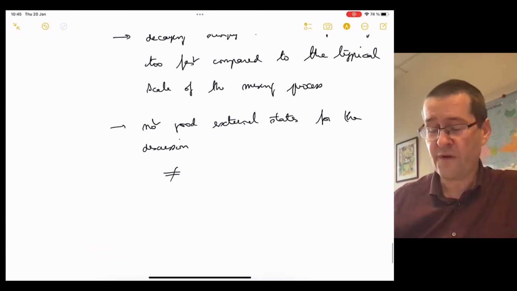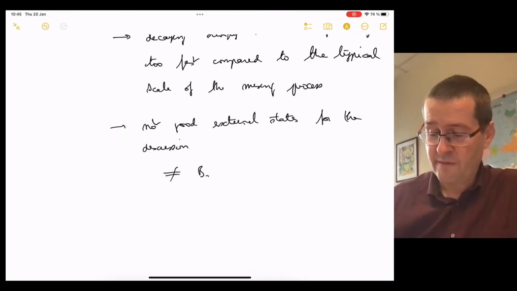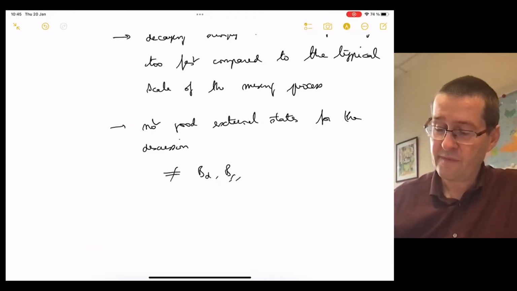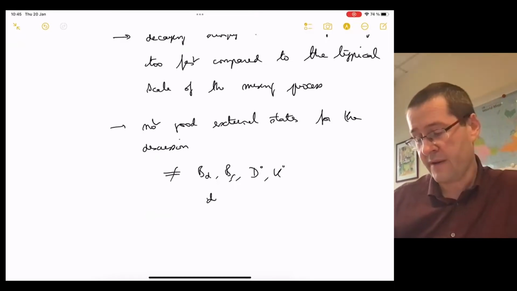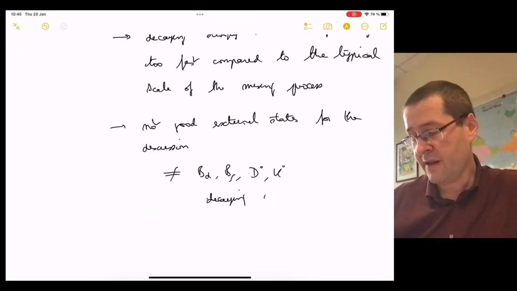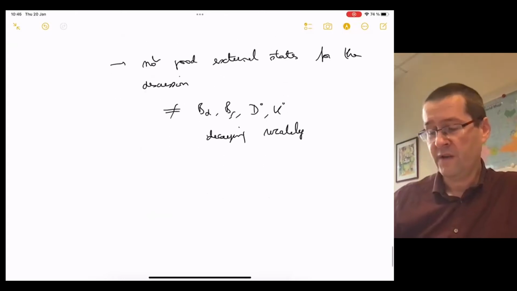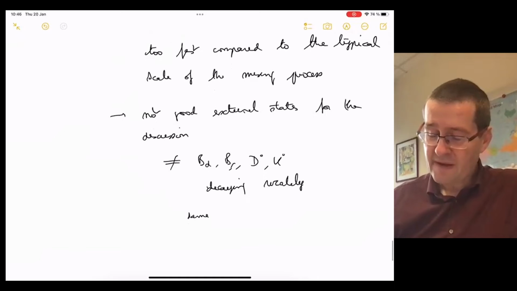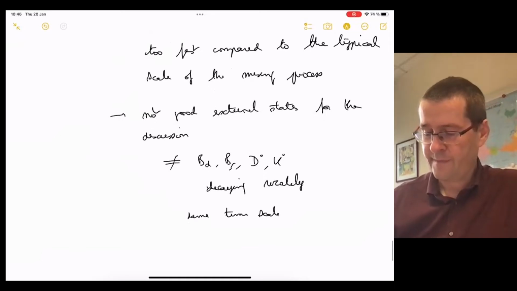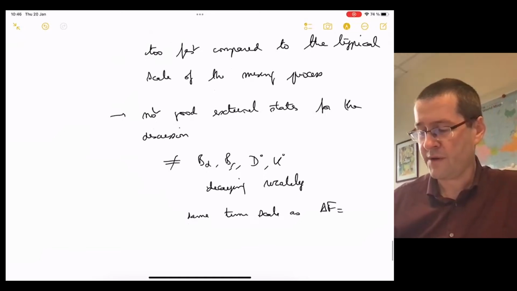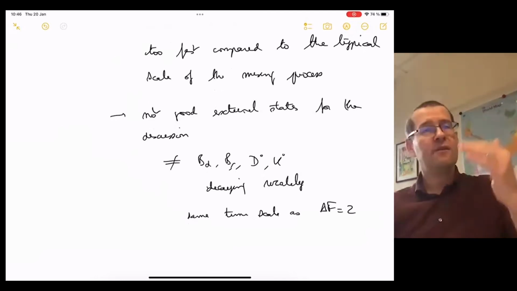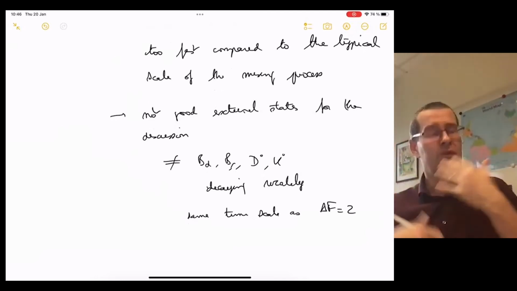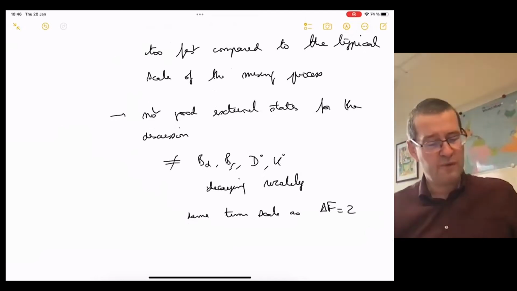And that's different from B_d, B_s, D0 and K0, because those ones are decaying weakly. So same time scale, if you wish, as delta F equal to 2. But then the question is, at least it makes sense. Now the question is, when you put the numbers, how it works.